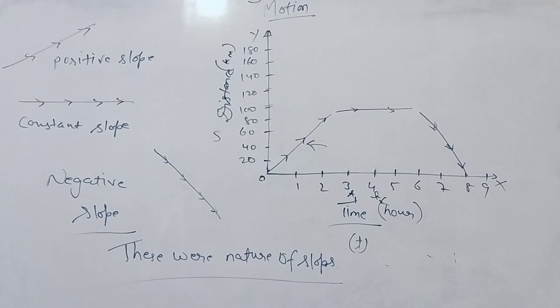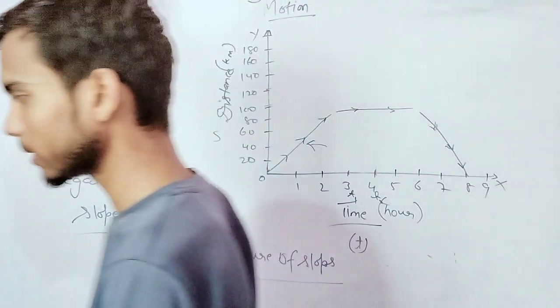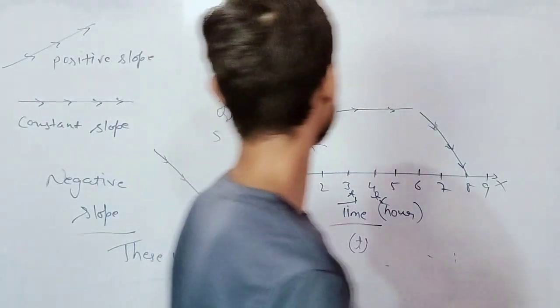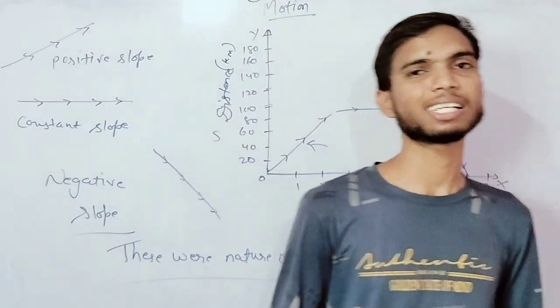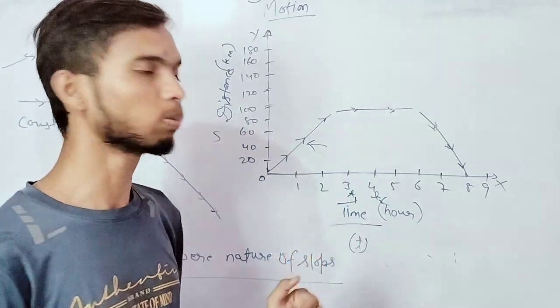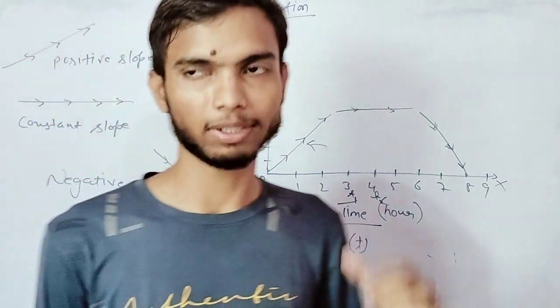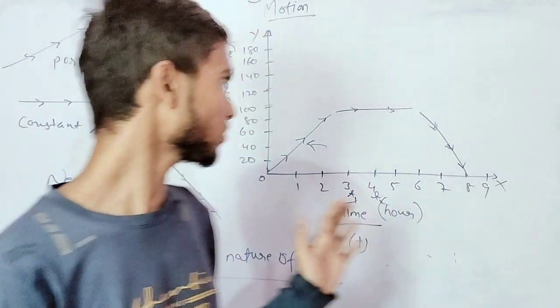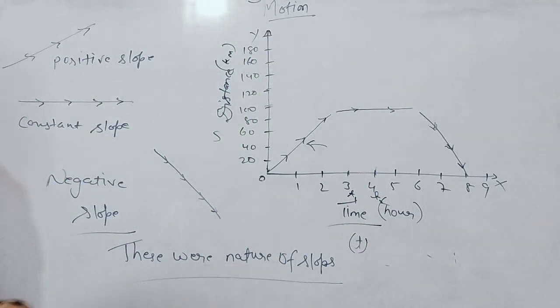And we were understanding the same in the meaning of displacement. Displacement can be positive, negative, or it can be 0. Same here, you are realizing slope can be positive, it can be negative, it can be 0. Yes, same thing is coming. It is increasing, decreasing, and it is at constant. Clear?